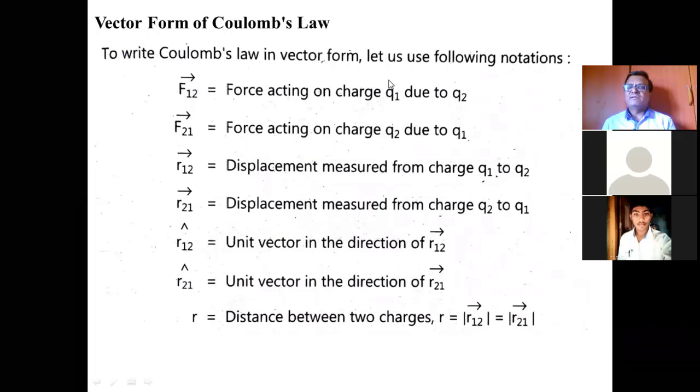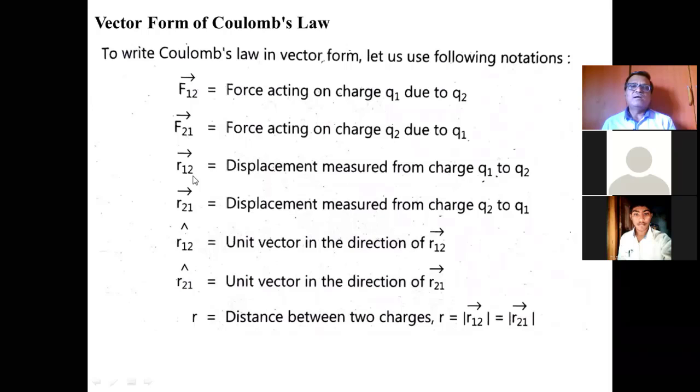Considering the force as a vector, F12 bar, where 1 indicates charge q1 and 2 indicates charge q2, is the force acting on charge q1 due to charge q2. Similarly, F21 bar is the force acting on charge q2 due to charge q1.